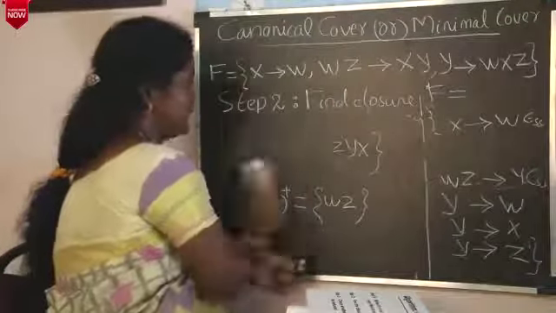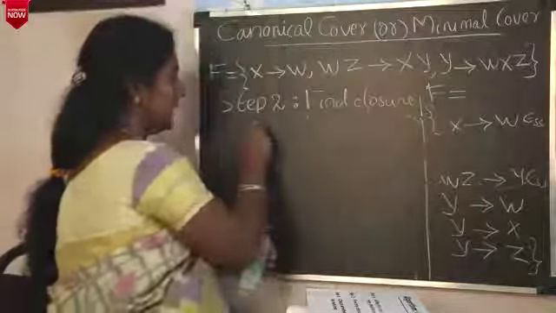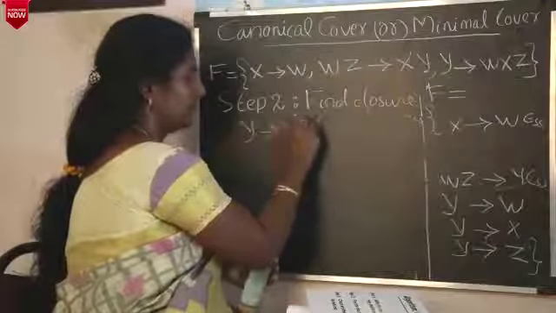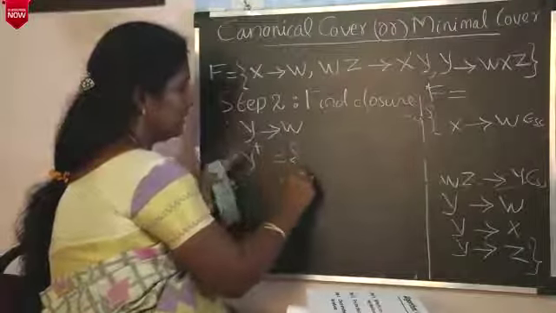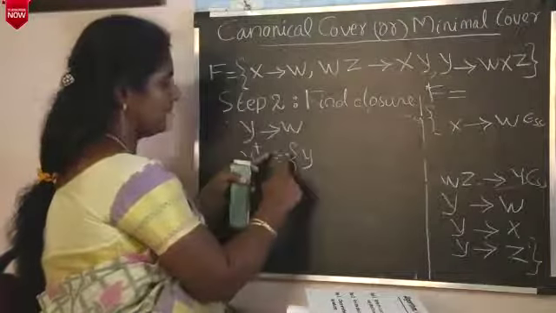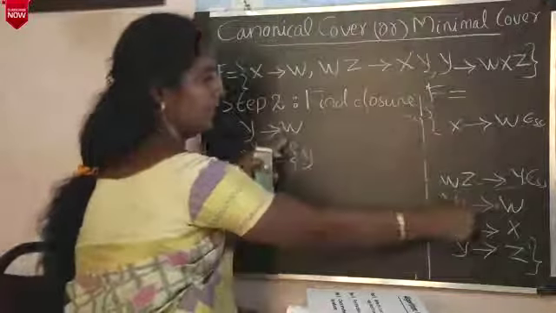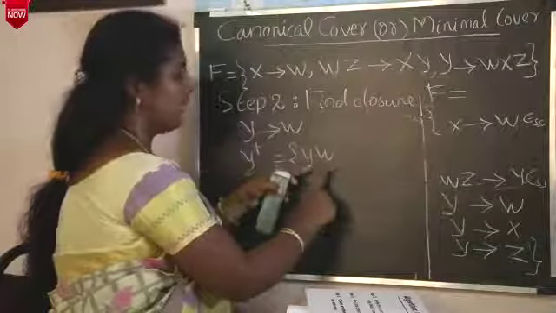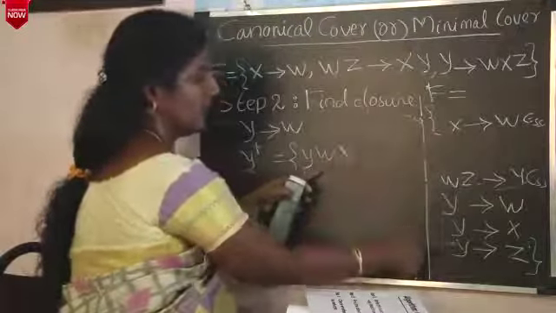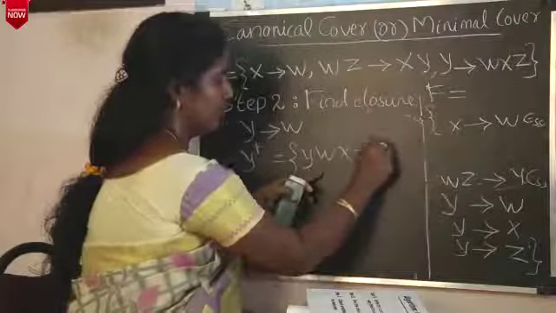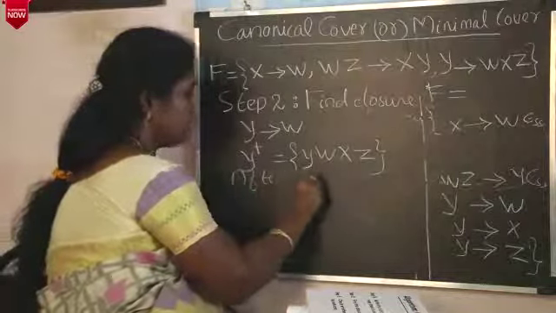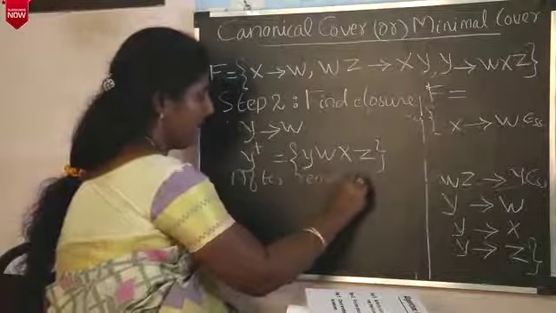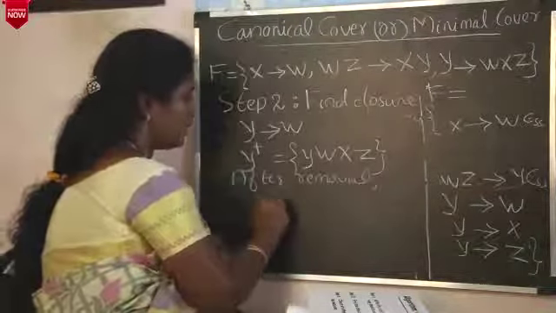Now we take another functional dependency, y determines w. What is the closure of y? Y determines itself, and y determines w, y determines x, y determines z. Then after the removal, what is y closure?